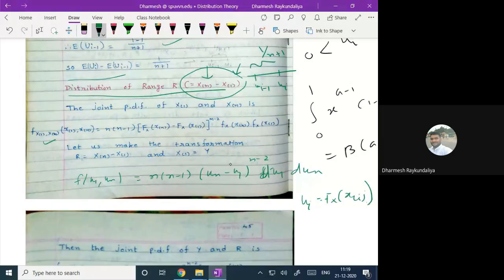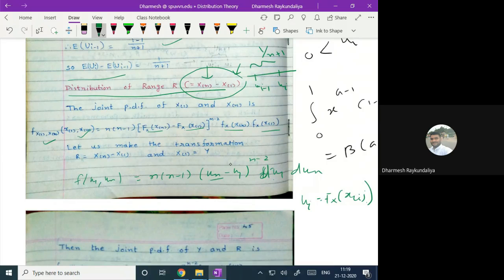Okay, तो u1 की जगह पे हम क्या लिख सकते हैं, Fx of x1, un की जगह पे क्या लिख सकते हैं, Fx of xn, to the power n minus 2, du1 is nothing but fx of x1 and dun is fx of xn. So this is nothing but the joint PDF of the smallest order statistic and the largest order statistic, given by n into n minus 1 into Fx of xn minus Fx of x1 raised to n minus 2, and small fx x1 and small fx xn.